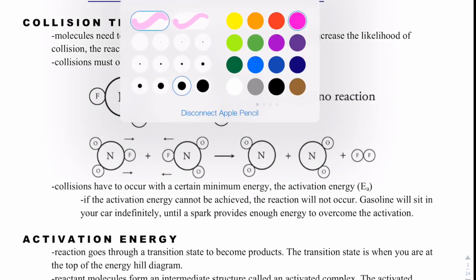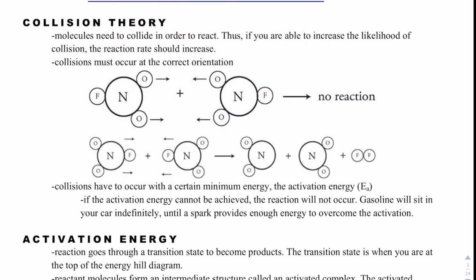it's important that our reactants need to collide, of course, for the reaction to occur, but they have to collide in the correct orientation. So what I have drawn here is that we are producing F2. And so the easiest way for that to happen in this reaction is that if our fluorines come in contact with each other.